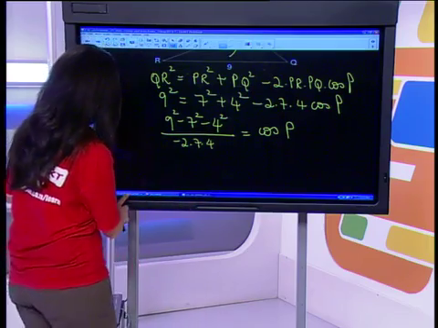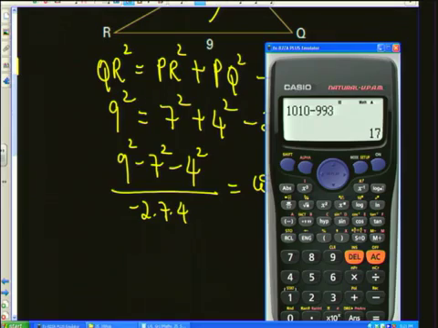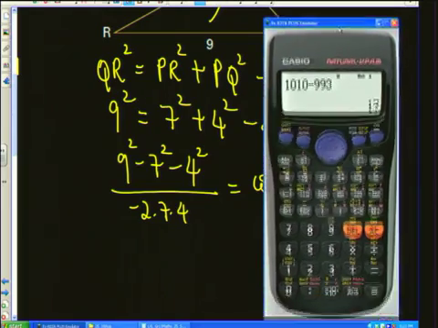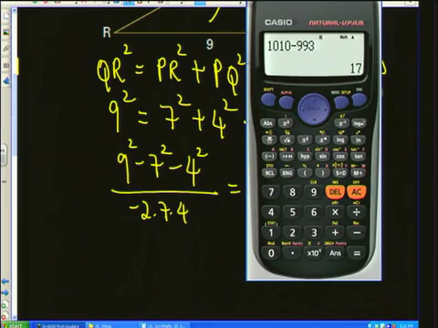So we can now use our calculator. We have 9 squared, which is 81. We're taking away 49. We're taking away 16. And we're dividing that by 2 times 7 times 4, which is negative 56. So we get negative 2/7.